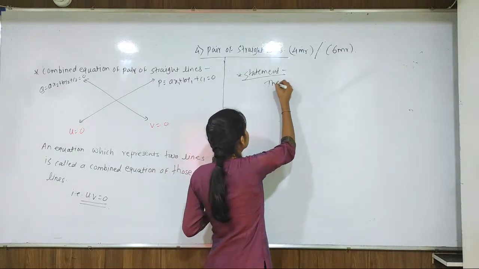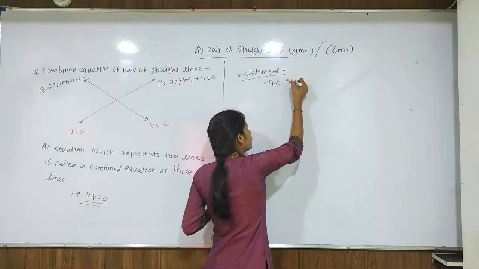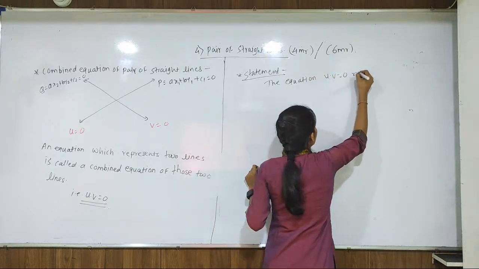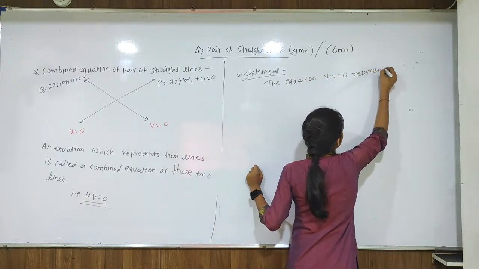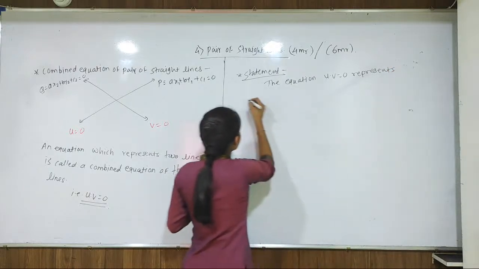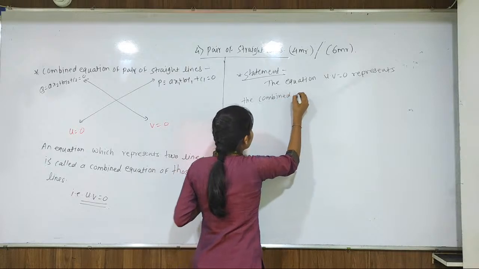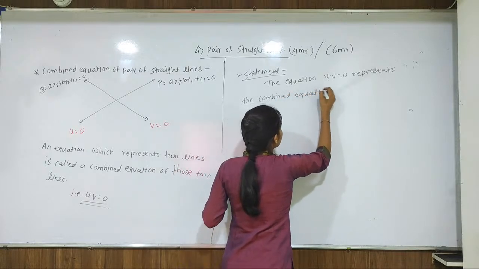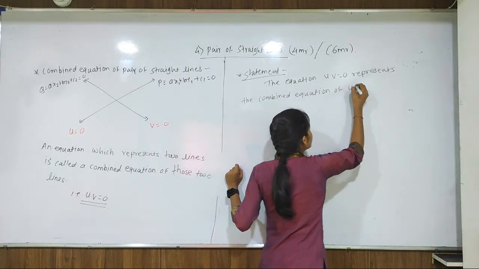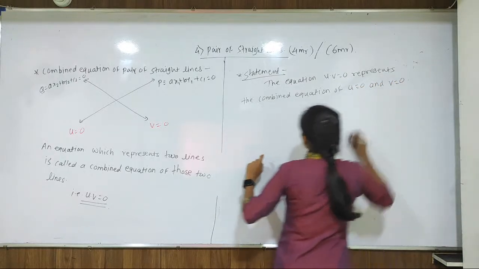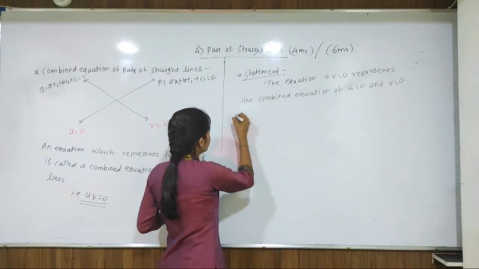The equation u into v is equal to 0 represents the combined equation of u is equal to 0 and v is equal to 0. Okay, after that note down.